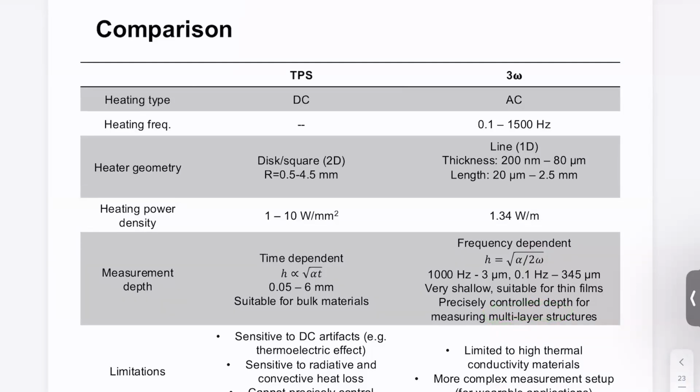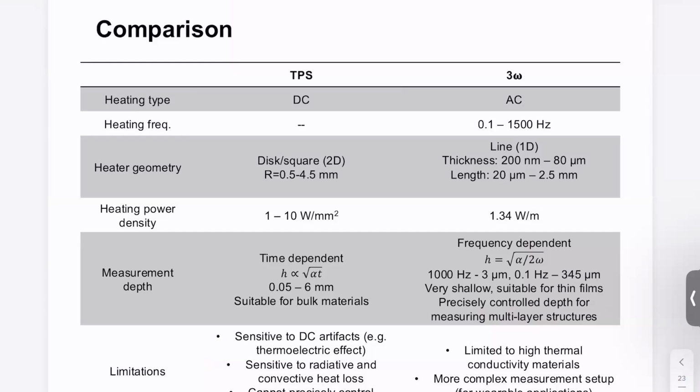And TPS has limitations. It's a DC method. It's sensitive to DC artifacts such as thermoelectric effect. It's also sensitive to radiative and convective heat loss. And it cannot precisely control measurement depth because that increases over time. And 3 omega has its limitations.